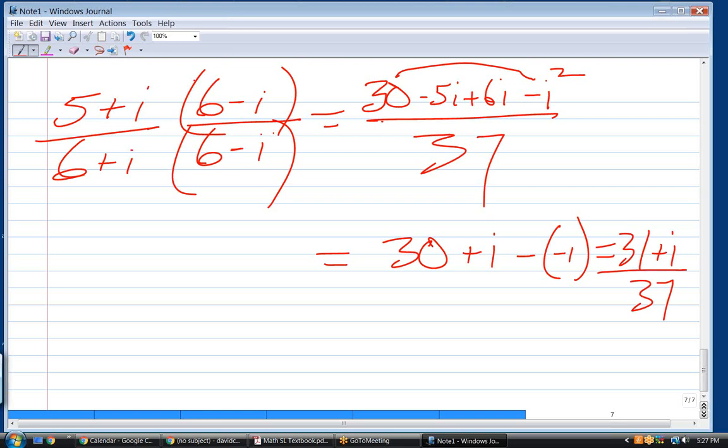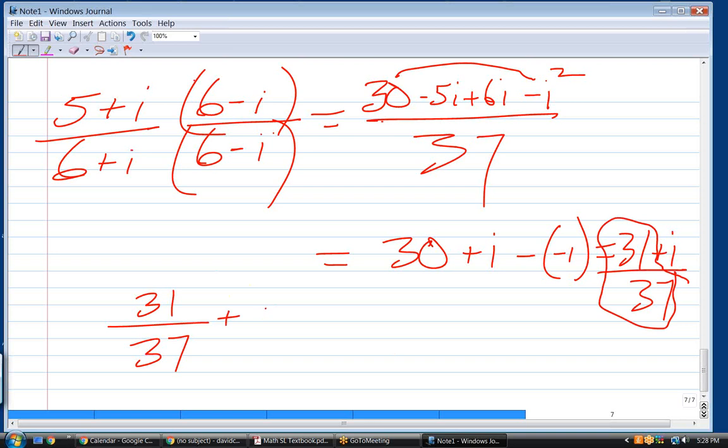Still not in standard format. What's standard format for this? A plus BI. Which is what for this problem? What's A? 31 over 37. Plus what?